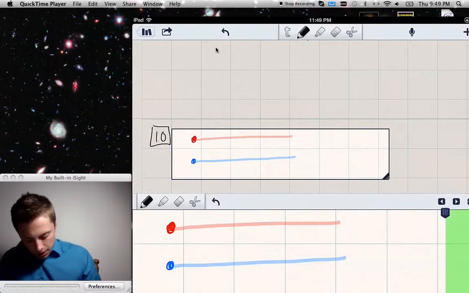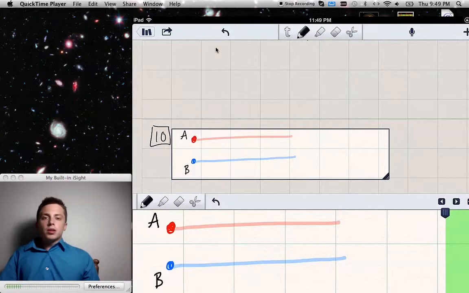So if we call this car A, we call this car B, it would be good to find the position functions for each of these cars so we can describe their positions over time. It's only when we have this complete knowledge of their positions over time that we will be able to then decide when they will meet, right?